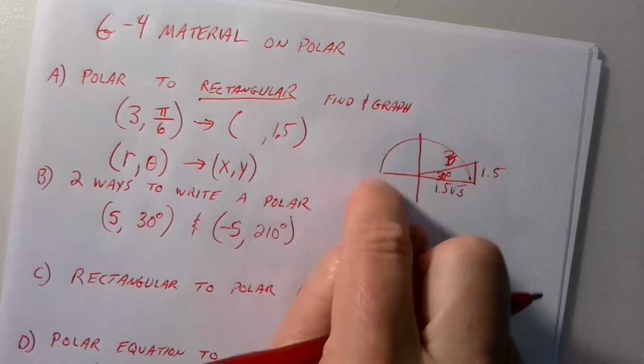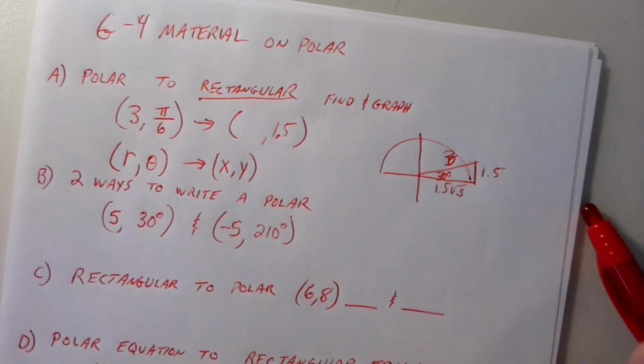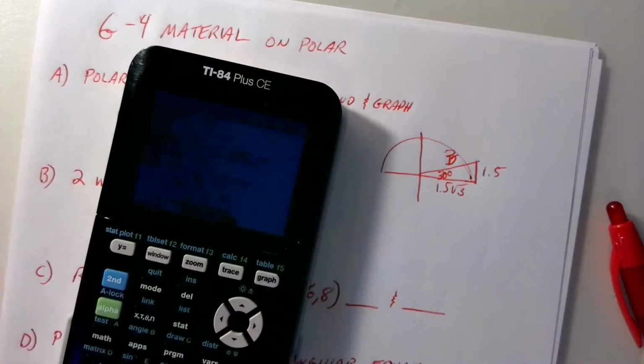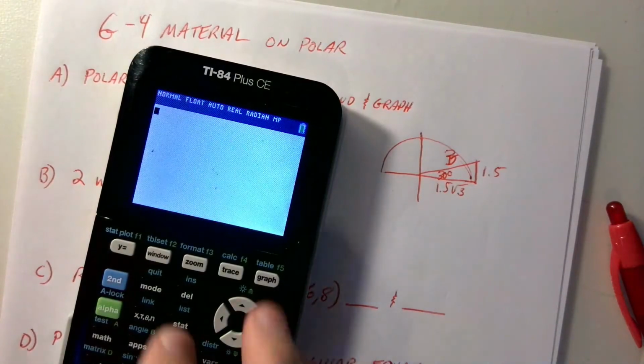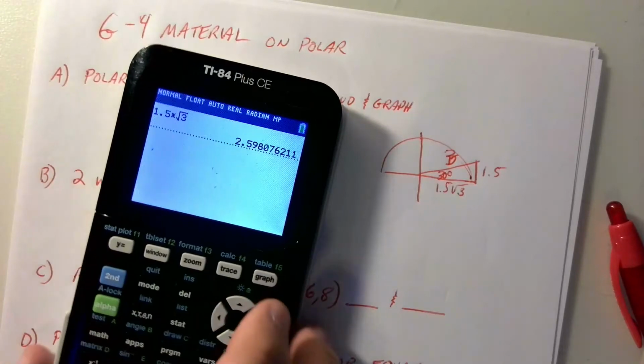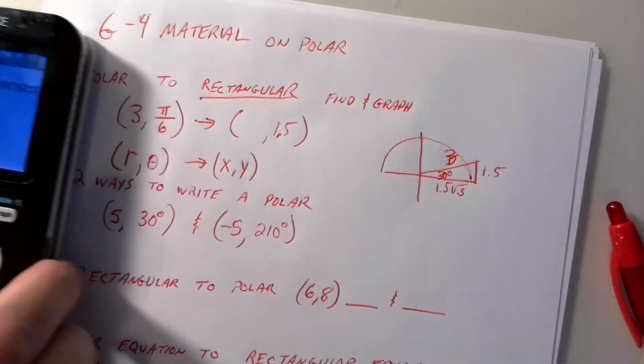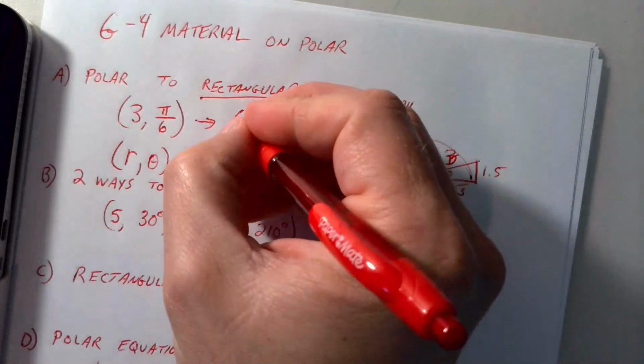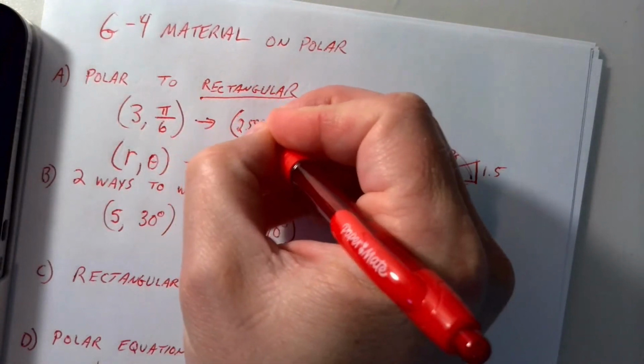And if it was in a different quadrant, we have to take a look at the positive and negativity. And then on my calculator, I'm going to go ahead and do this. Clear this out. 1.5 times square root of 3, and I'll get 2.598.